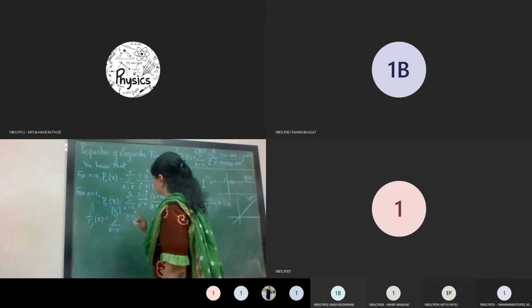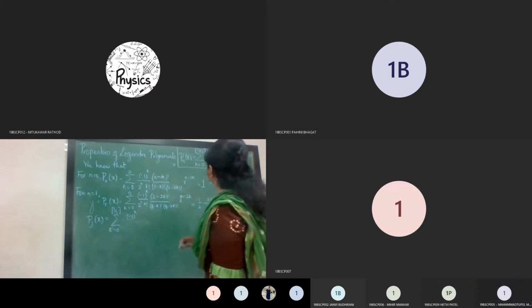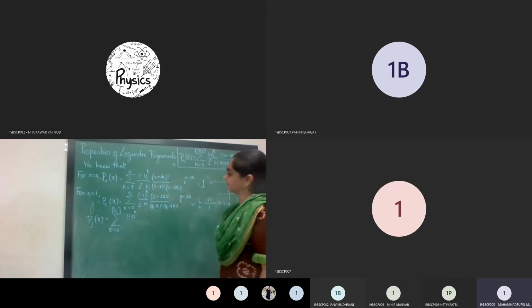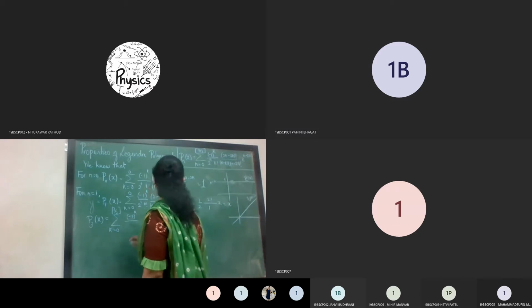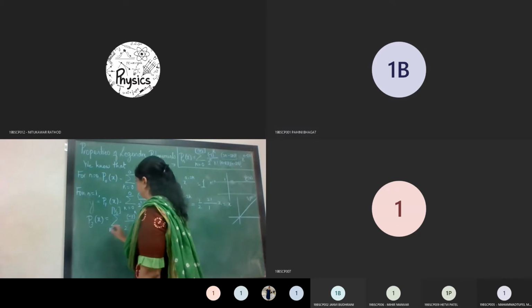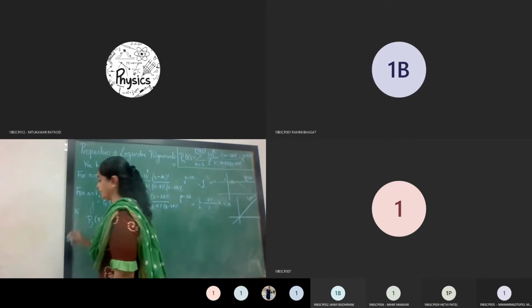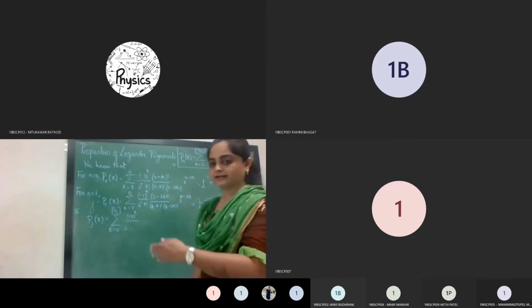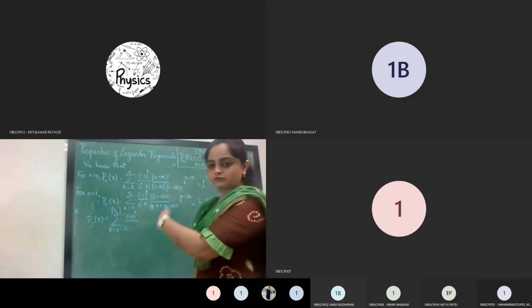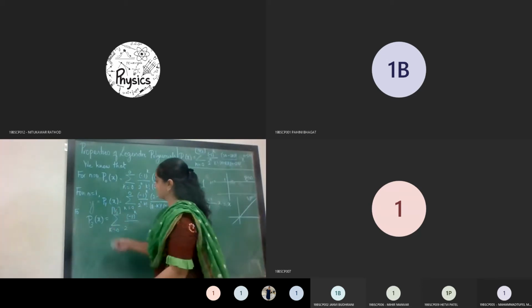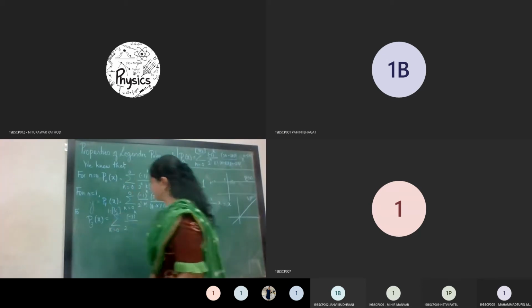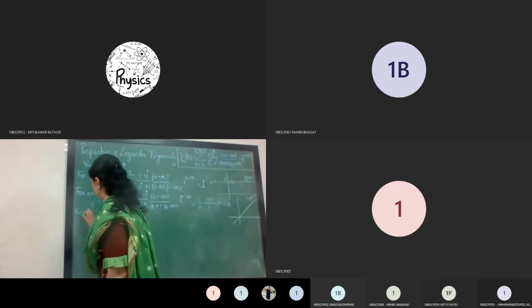It will be 1, because 3 by 2, the left hand side integer, that will be 1. So integral part of 3 by 2 is nothing but 1. Very good.